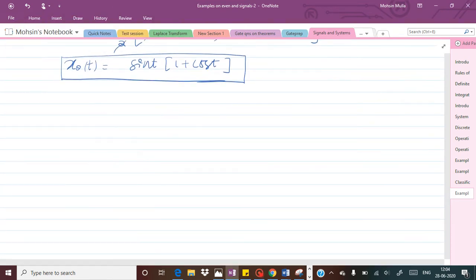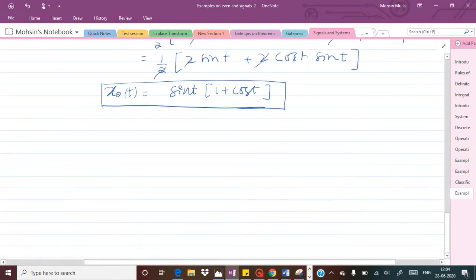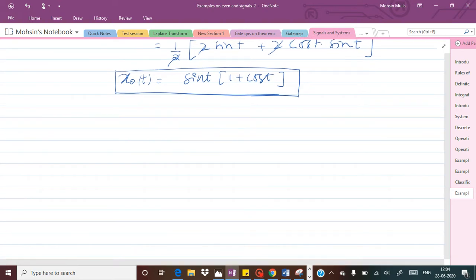Now let us take one more example. Example number, I think it is 4.